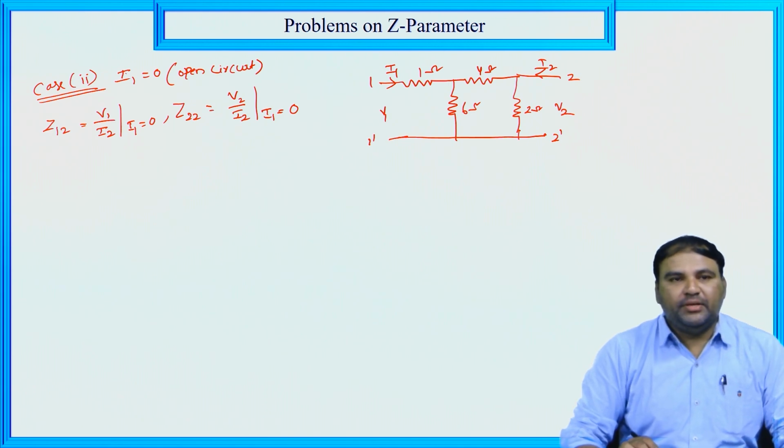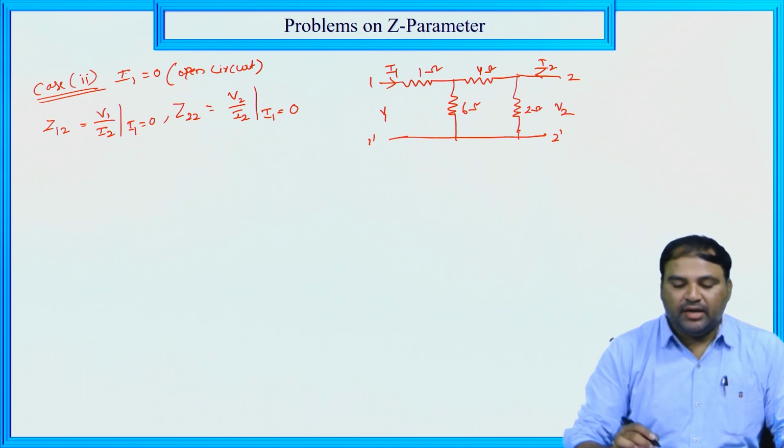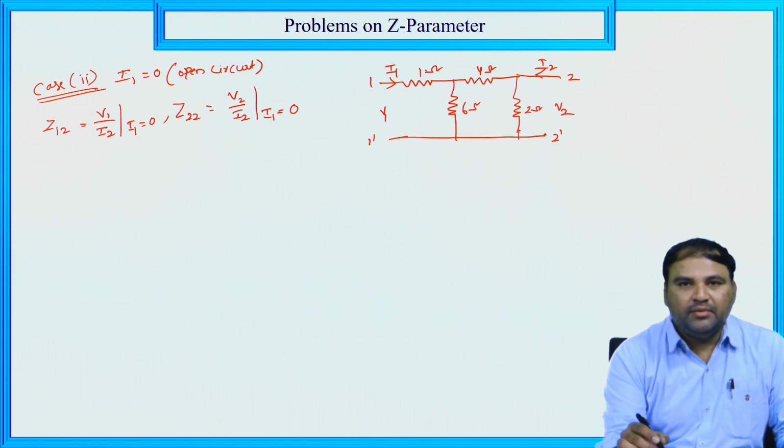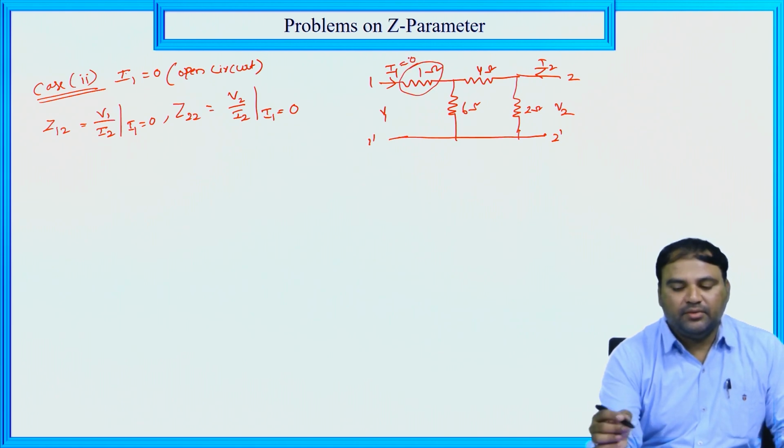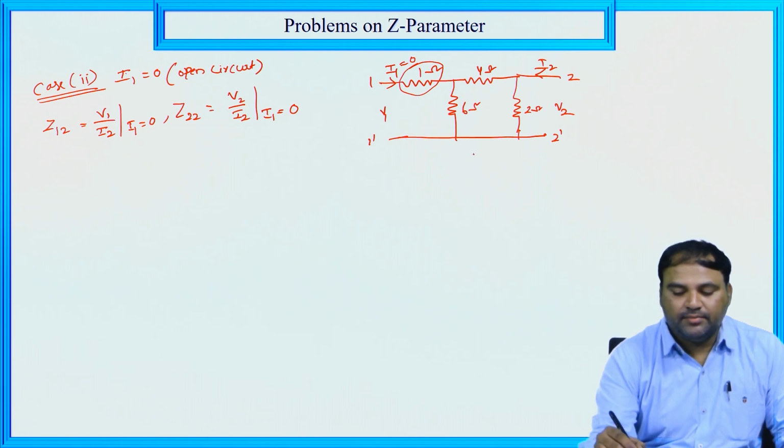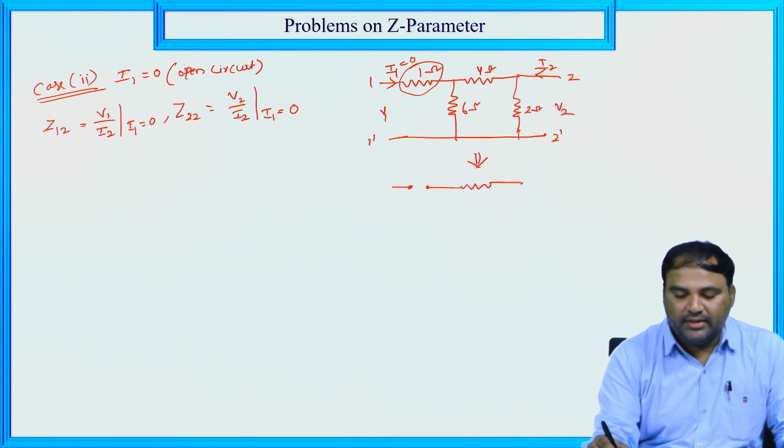We need to open circuit the I1 value. So I1 value is 0, which means there is no current in this 1 ohm resistor because I1 is equal to 0. Now redraw the circuit here. So we need to open circuit the 1 ohm resistor, and all the remaining things are the same.